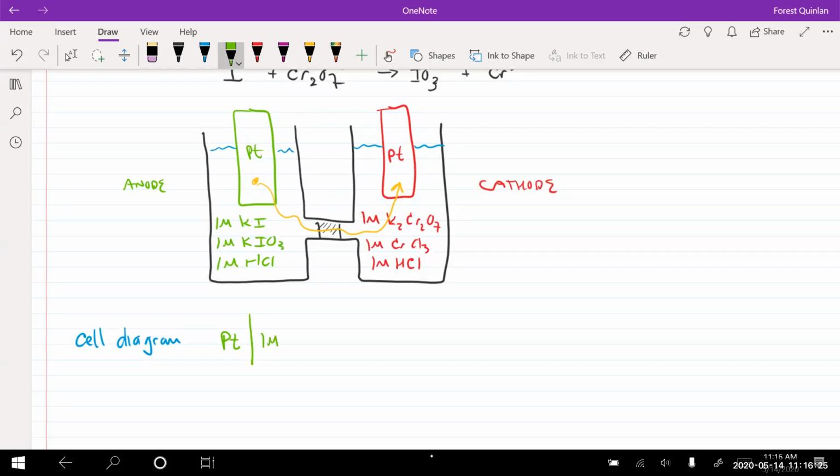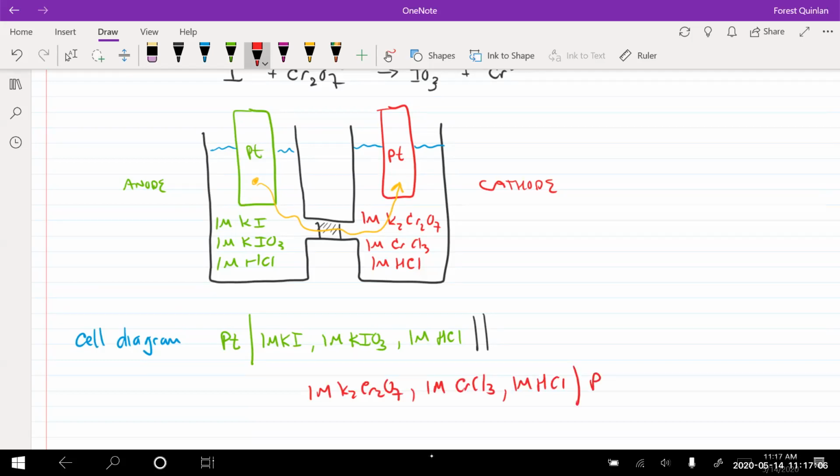And then 1 molar KI, 1 molar KIO3, and 1 molar HCl. I'm going to have to do this on 2 levels here. So we see the membrane, then we see the next solutions of 1 molar K2Cr2O7, 1 molar CrCl3, 1 molar HCl, and then finally platinum again.